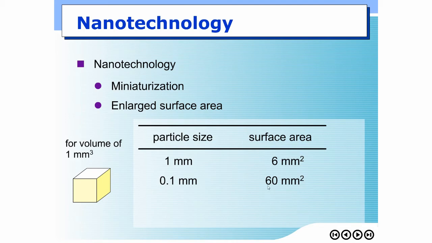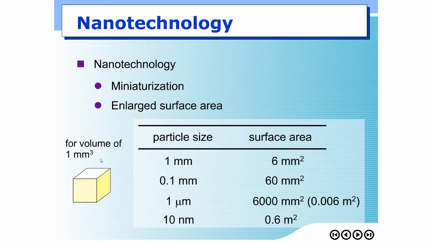If I keep repeating that, from 0.1 millimeter to 1 micron, the surface area increases from 6 to 6,000 square millimeters. If the size is reduced to 10 nanometers, then the surface area is about 0.6 square meter.